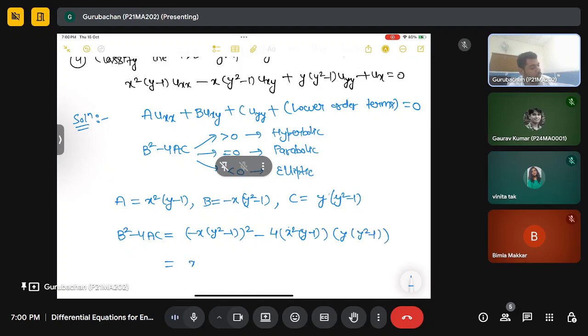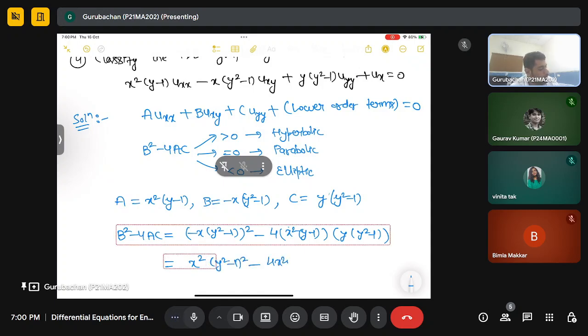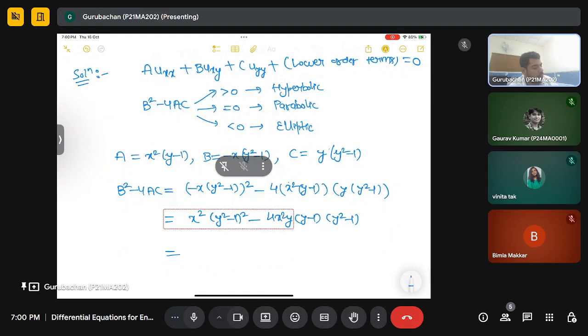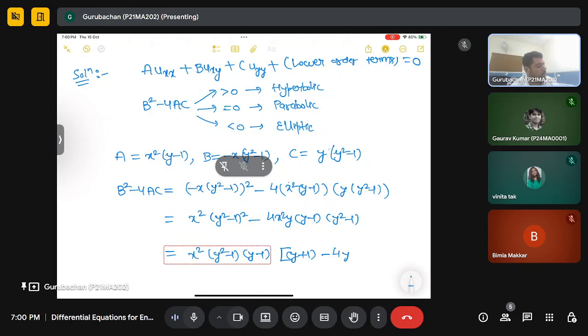So this will give you x square y square minus 1 whole square minus 4x square y minus 1 y square minus 1. If you take common, it will be x square y square minus 1 and y minus 1, and the left part is y plus 1 minus 4 times y.